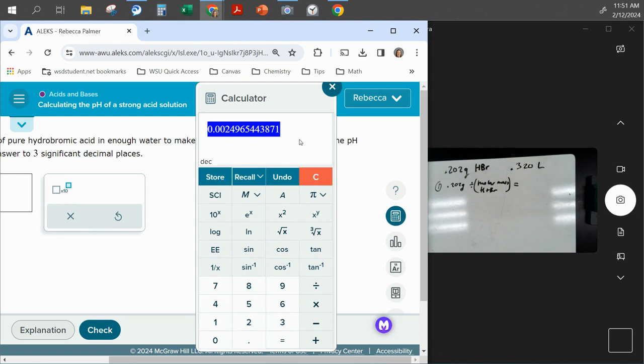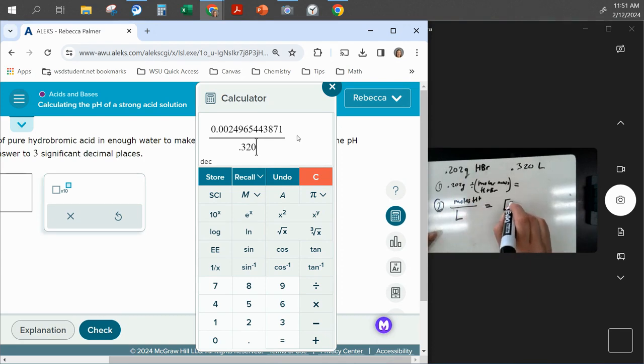This is the number of moles of hydrogen. Then I'm going to divide by the volume. So moles of H plus divided by the liters. That's going to be the concentration of hydrogen.